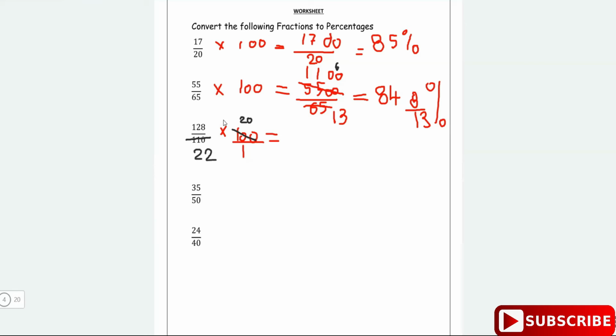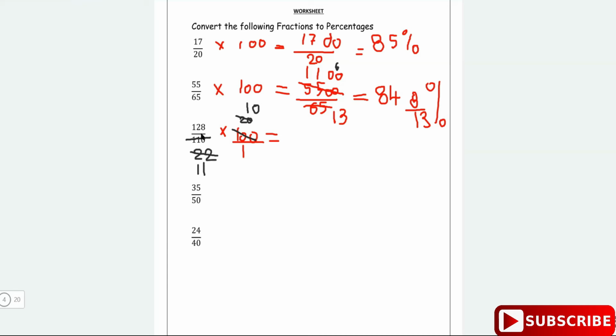And then we can simplify again by saying 2 into 22 is 11, and 2 into 20 is 10. So that's what we get. Then we can multiply.